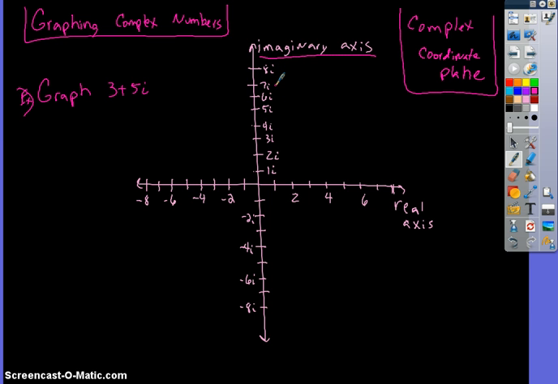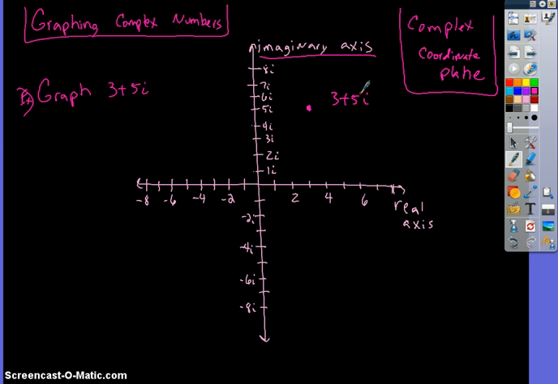To graph 3 plus 5i, you graph the real part first and the imaginary part next. I go over 3 on the real axis, up 5i on the imaginary axis. This is the point 3 plus 5i, and that's how you graph it.